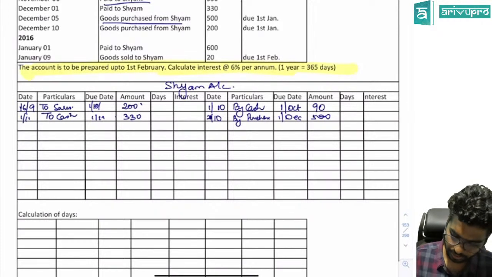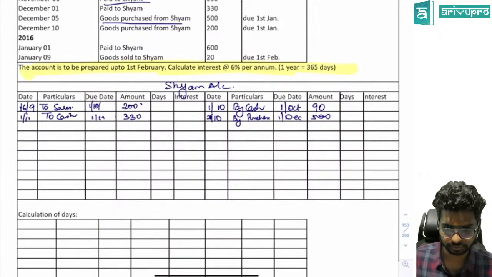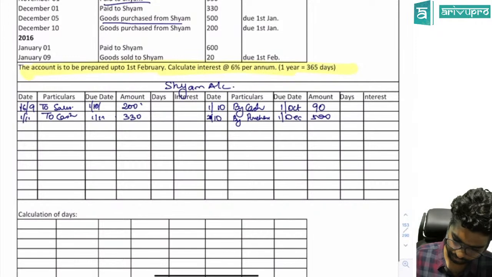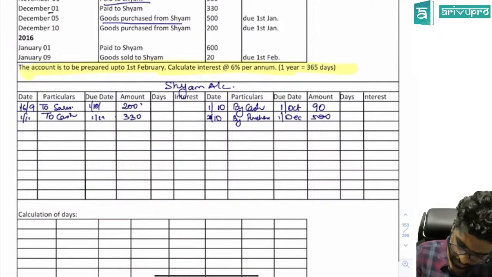Then again, pay to Sham. Goods purchased. Again paid to Sham on December 1, 112.